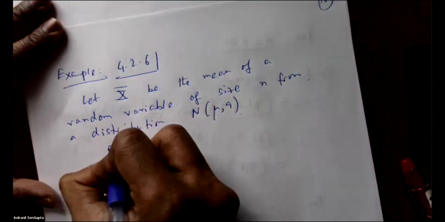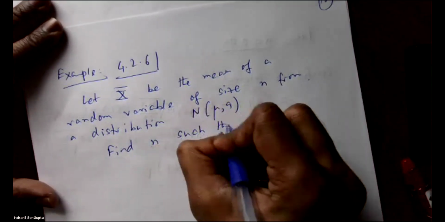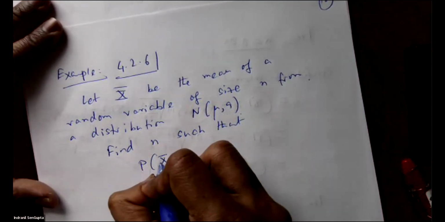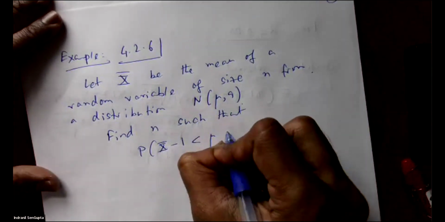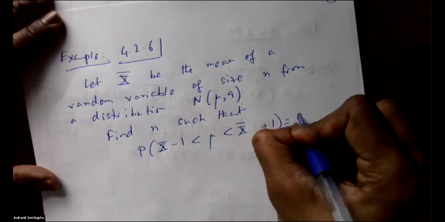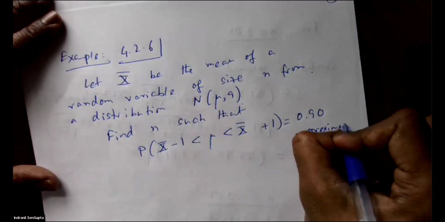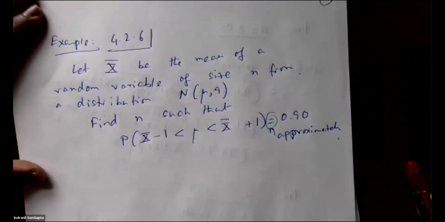Find n such that the probability of X bar minus 1 less than mu less than X bar plus 1 is 0.90 approximately. That means this probability is approximately 0.90.